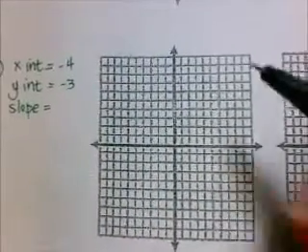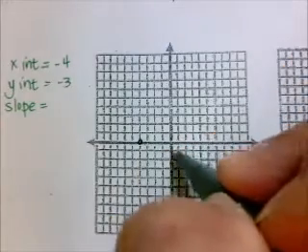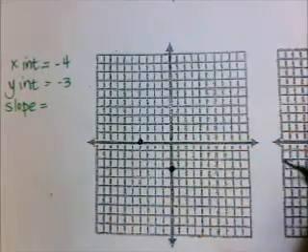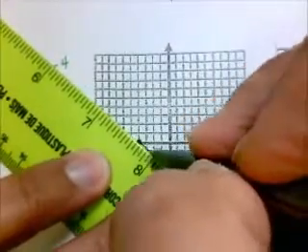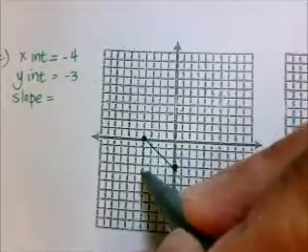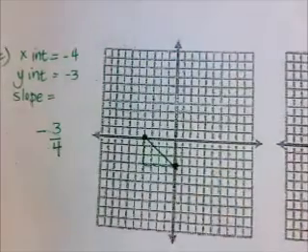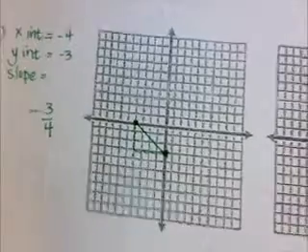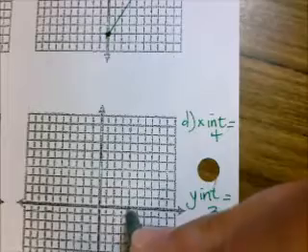Okay, next one, x-intercept of -4, y-intercept of -3, connect the dots. How is it changing? It's going down 1, 2, 3 over 1, 2, 3, 4. So down 3 over 4. That's my slope. And then this one, the x-intercept is at the positive 4.